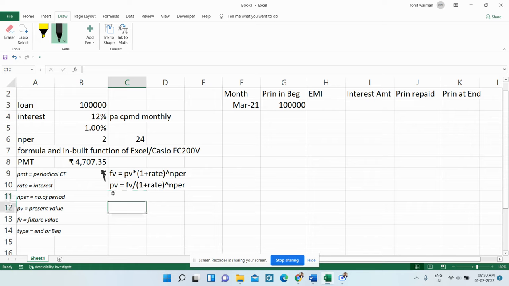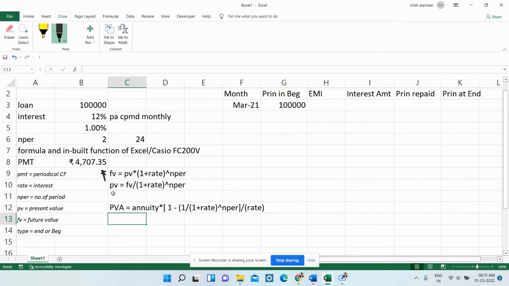For example, the present value of an annuity is your annuity multiplied by the annuity factor, which is 1 minus 1 upon 1 plus rate to the power nper, and the whole divided by the rate. We can go with this formula also.